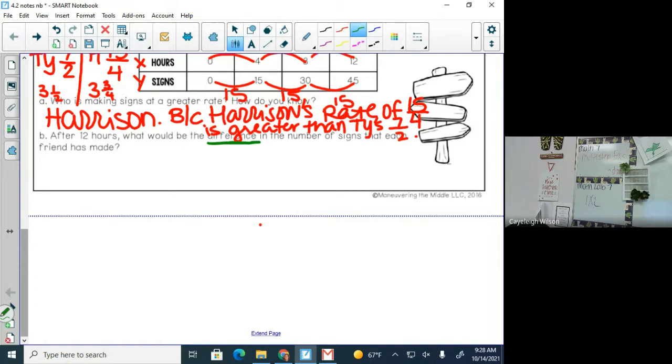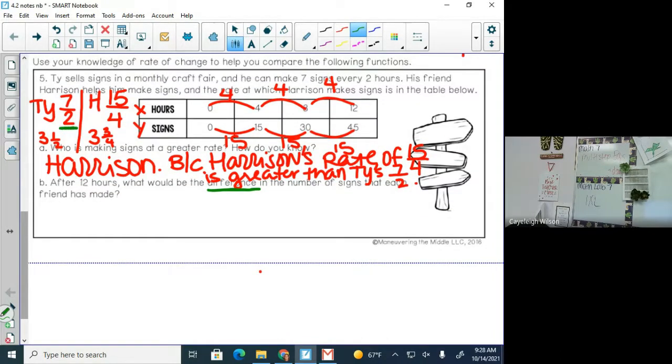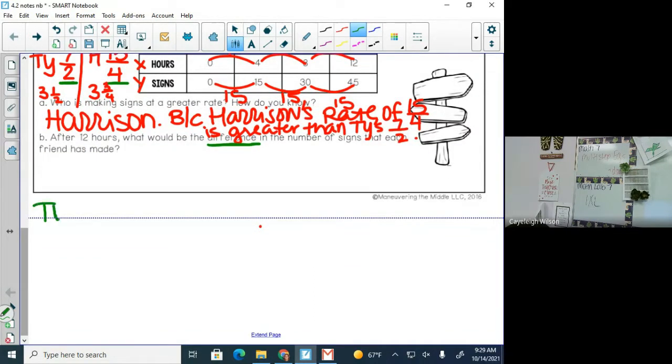So I'm gonna have to find how many signs Harrison made at 12 hours, how many signs Ty made at 12 hours, and then subtract them. All right, so this 2 is the amount of signs, this 4 is the amount of signs. Oh wait, no, that's the amount of hours, sorry. So I'm gonna have to count until these are at 12, and then this top number will tell me my amount of signs. Okay, so I'll start with Ty.